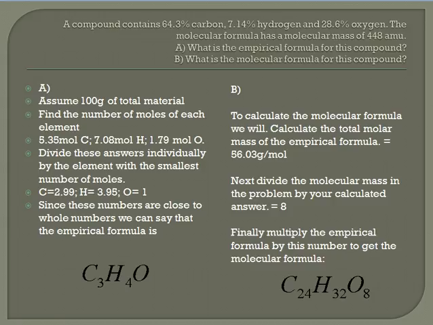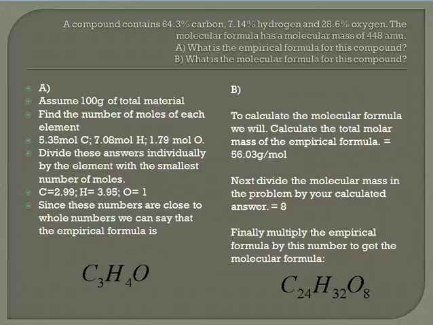For part B, we need to calculate the molecular formula. To do this, we need to calculate the total molar mass of the empirical formula, which is found to be 56.03 grams per mole. Next, we need to divide the molecular mass in the problem by our calculated answer. So we're going to take 448 AMU and divide that by 56.03 grams per mole.